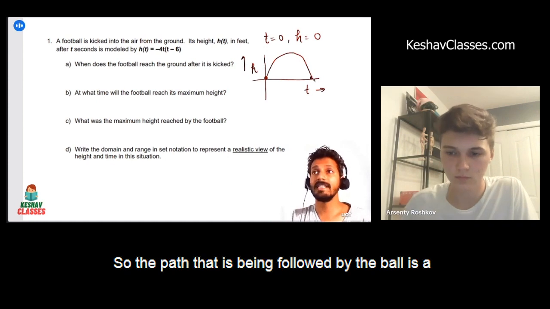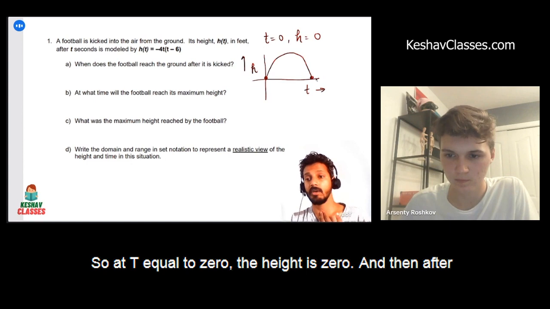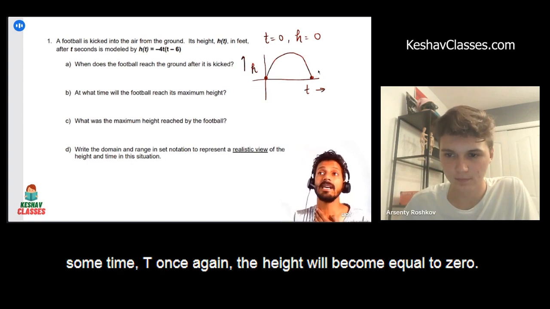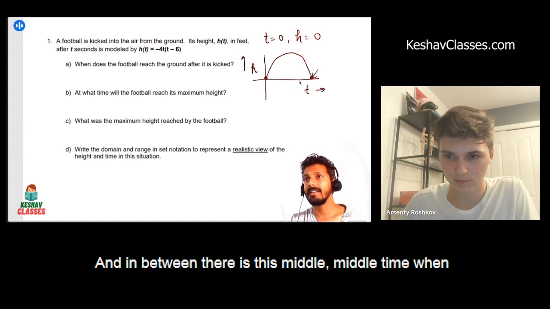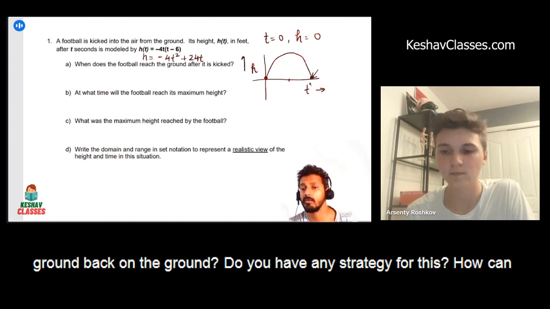The path followed by the ball is a parabola. At t equal to 0, the height is 0, and after some time t, once again the height will become equal to 0. And in between there is a middle time. So the question is, at what time will it reach the ground, back on the ground?